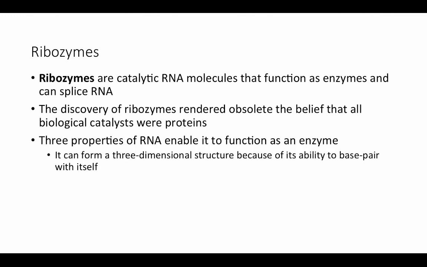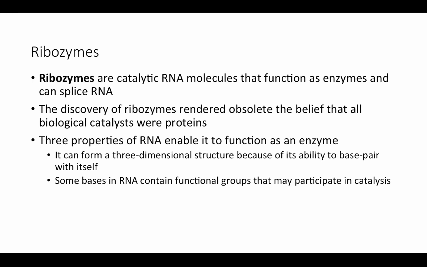So 3 properties of RNA enable it to function as an enzyme. First of all, the fact that it's single-stranded means that it can form base pairs with other portions of the RNA strand, creating a complex 3-dimensional structure that's going to give it that tertiary structure similar to a protein that'll give it complex shapes. Also, some of the bases in RNA contain functional groups that can participate in catalysis.